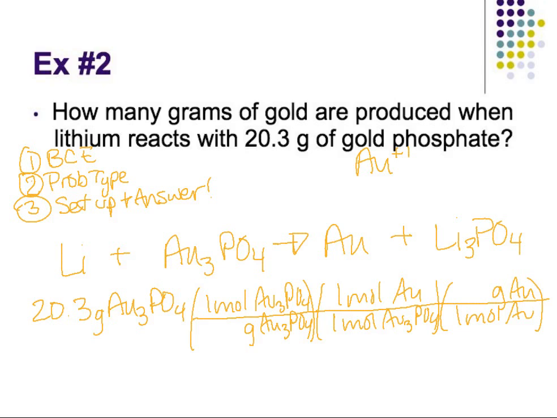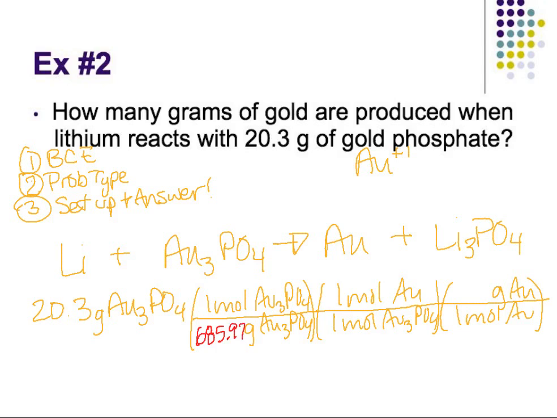Oh, crap. All right. I have solved my calculator issues, and the mass of gold phosphate is 685.97. Sorry for any confusion right there.